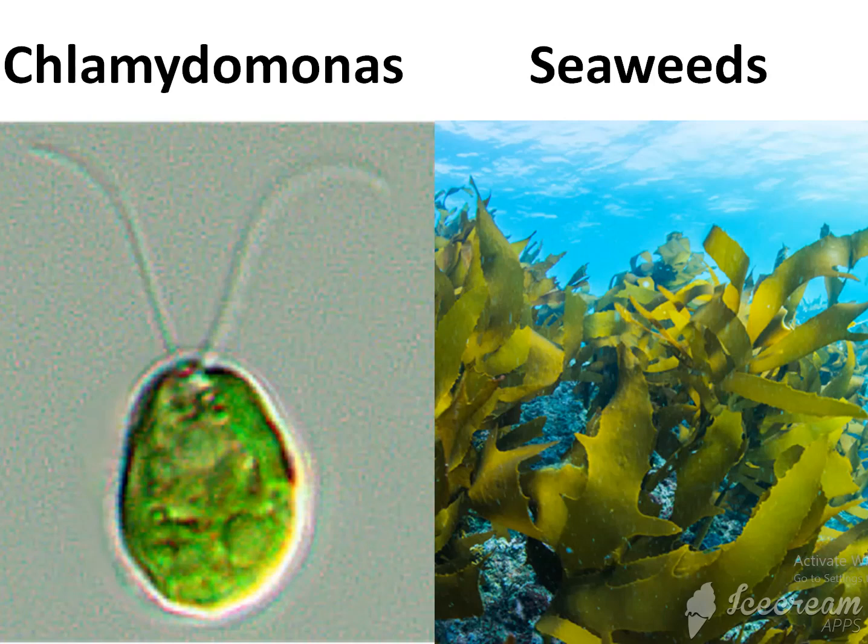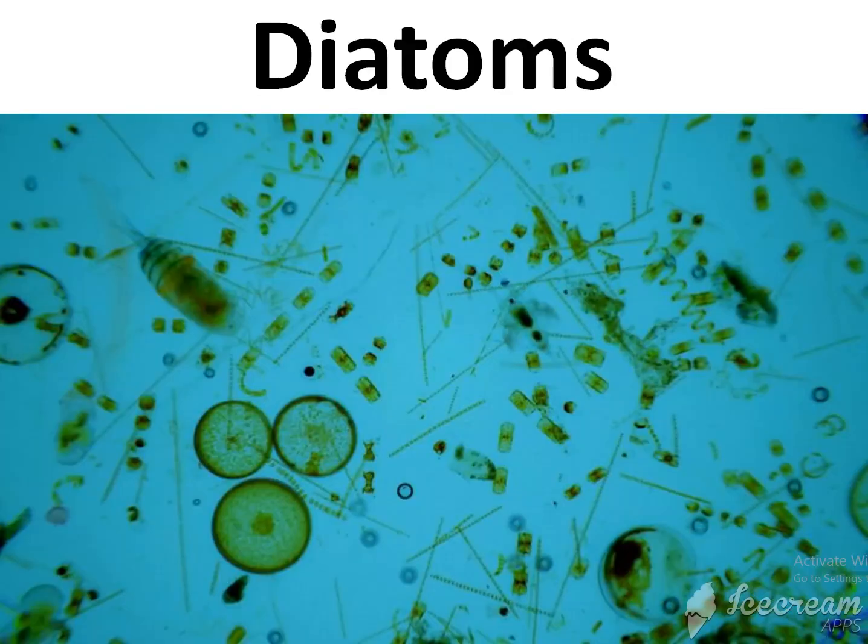An example for unicellular algae is chlamydomonas, and some are multicellular, made up of many cells. Example is seaweeds. Some algae live in colonies, in groups. Example, diatoms. Diatoms and chlorella also live in colonies.